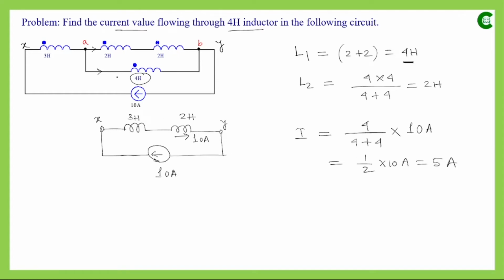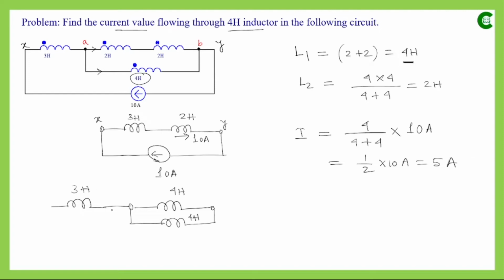And one thing we can notice here: in the parallel connection, for this series connection we have one inductor that has value 4 Henry, and for this one we again had one inductor which also has 4 Henry, and here we had this inductor which has the value 3 Henry.